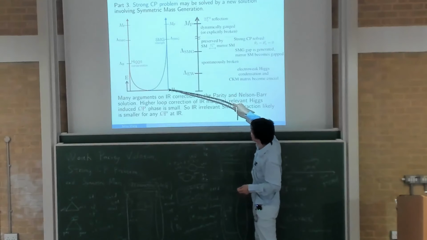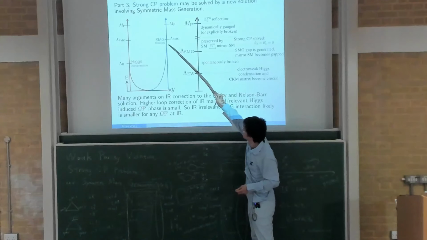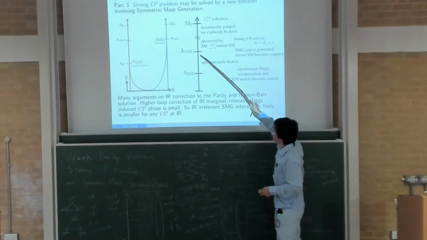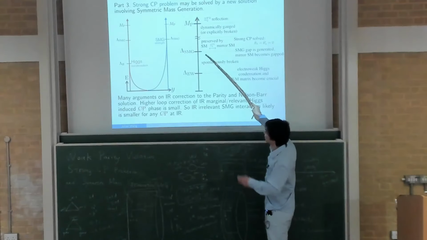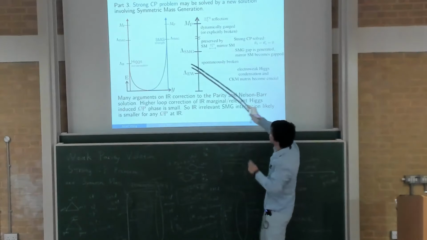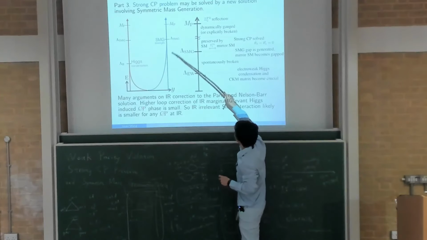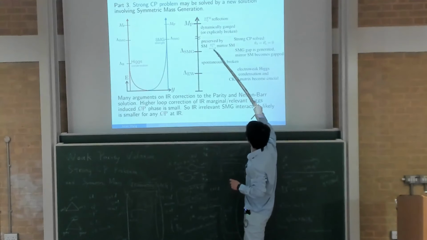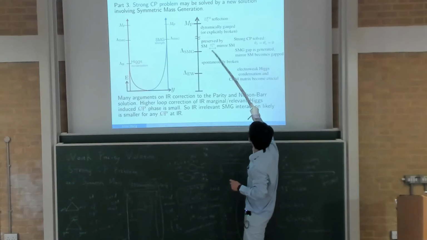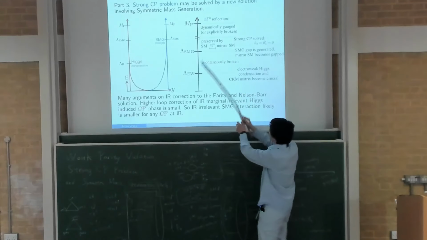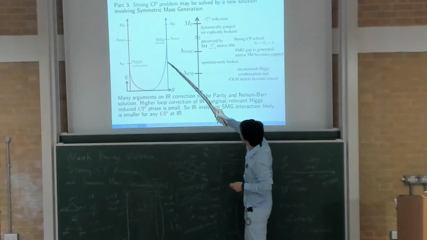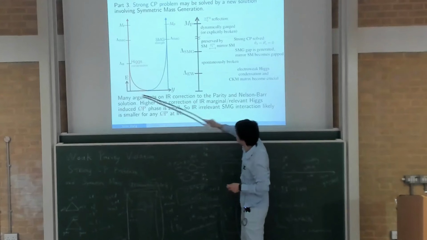So in the case of weak parity violation, we use SMG to gap the mirror fermion, and this scale is much higher. If we go above that scale, you can think of the whole theory as having a reflection combined with parity symmetry. That's why the whole thing has parity symmetry at some high energy scale. But after SMG is applied, it can gap the mirror, so we have a weak parity violation here.